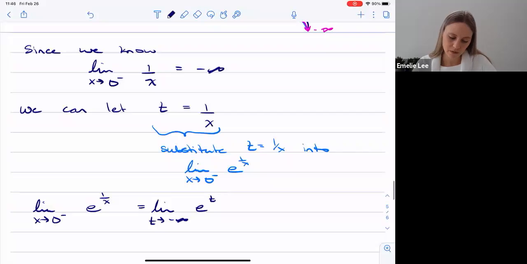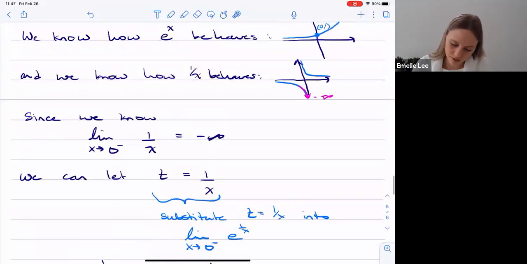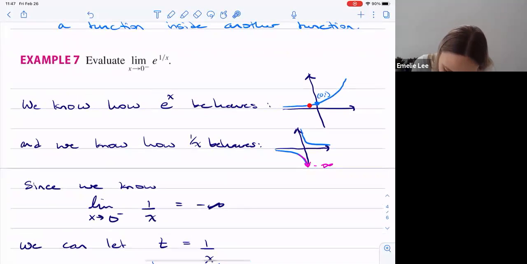Because as x goes to 0 from the left, we know that 1 over x is going to negative infinity. So now I'm going to let this replacement, t, because I know how e to the something behaves. I know it looks like this, but also I know as t goes to negative infinity, it turns out that's what we're interested in, it is going to go to 0.